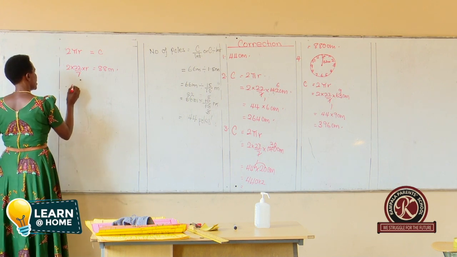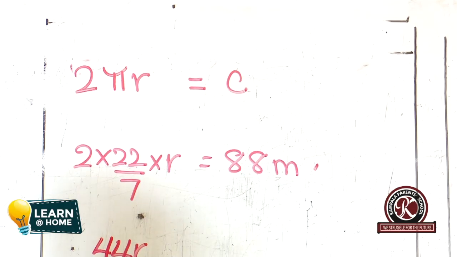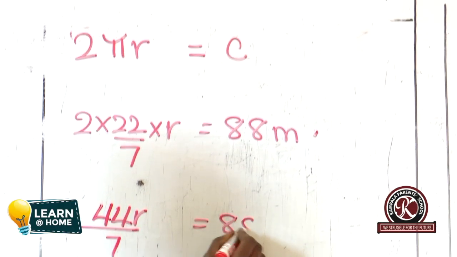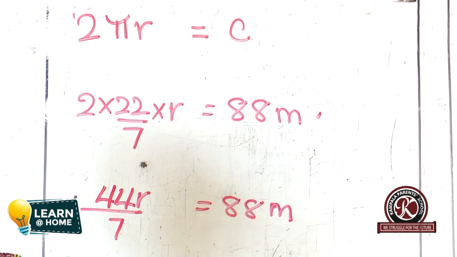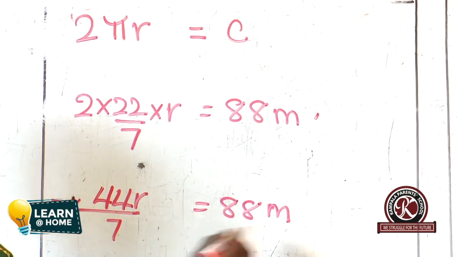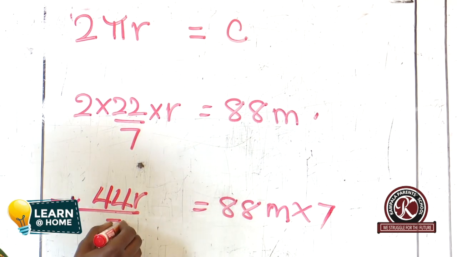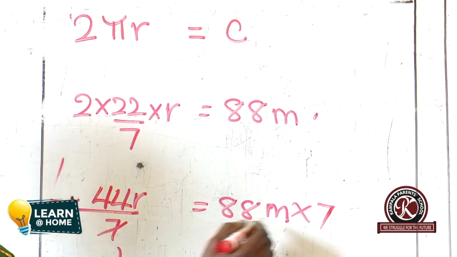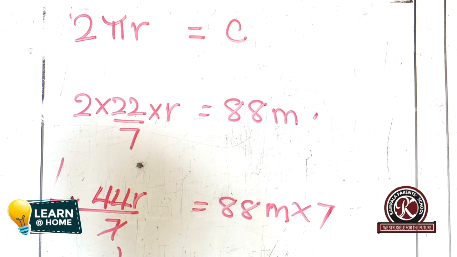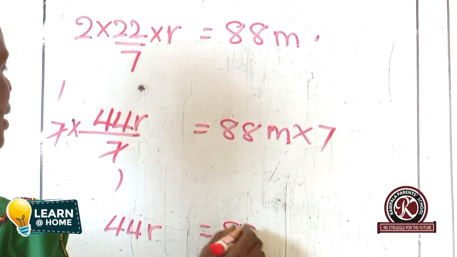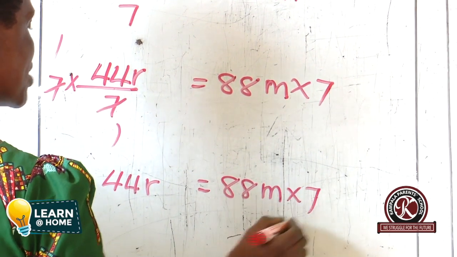So what do we get here? 44r out of 7 equals 88 meters. We multiply both sides by 7. Here ones, here ones. So we have 44r equals 88 meters times 7.